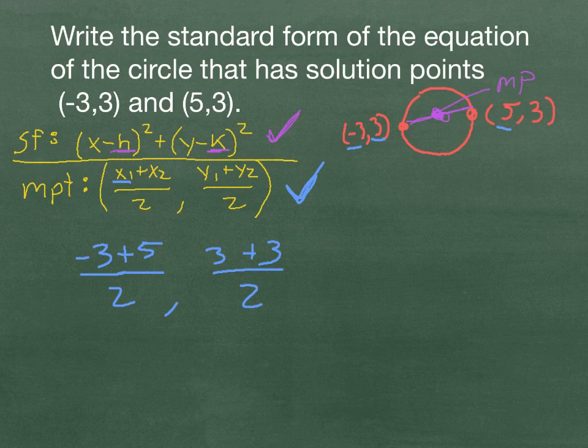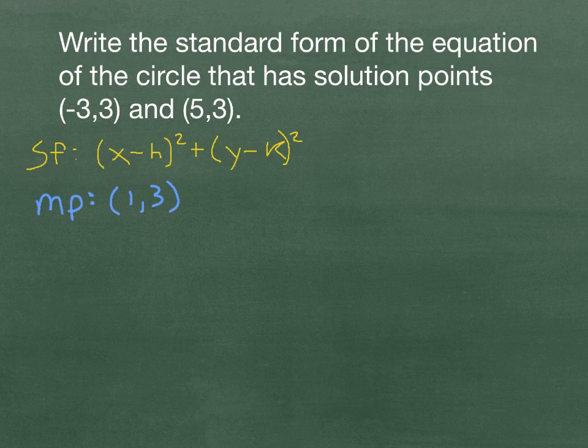Basically what you're doing is substituting these points into the midpoint formula to find the midpoint of the circle. So now we get a midpoint of 1, 3. This is our midpoint.